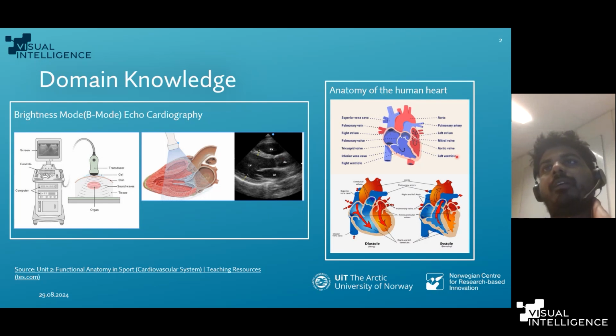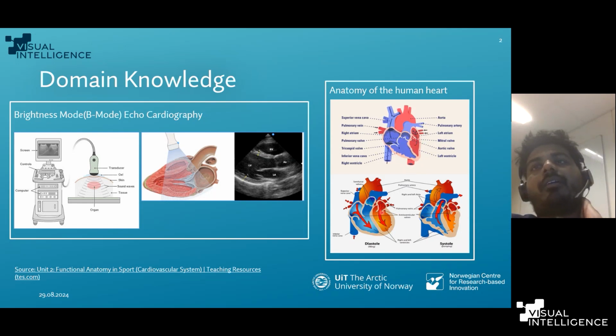A little bit about the anatomy of the human heart. The human heart has 4 chambers, and it pumps the blood from the lungs to the body and vice versa. It's a very active muscle of the body, constantly pumping blood by expanding and contracting.